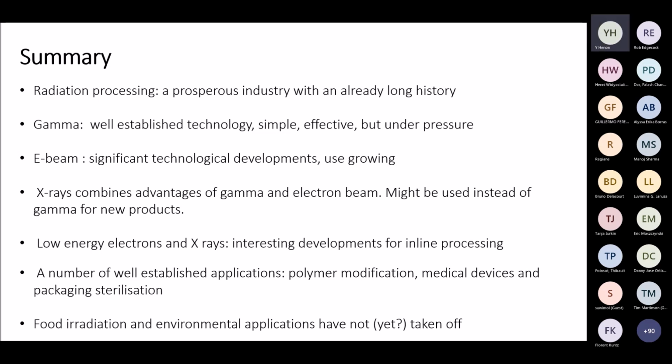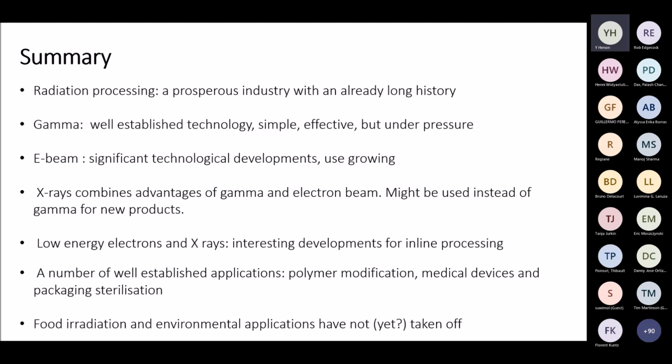So in conclusion and in summary, radiation processing is a prosperous industry, not a new one because it has, as you saw, already a long history. Gamma has been there for many years, and I'm absolutely sure that it will be there for many years to come, because even if it's under pressure now, it's simple, effective, and very reliable.